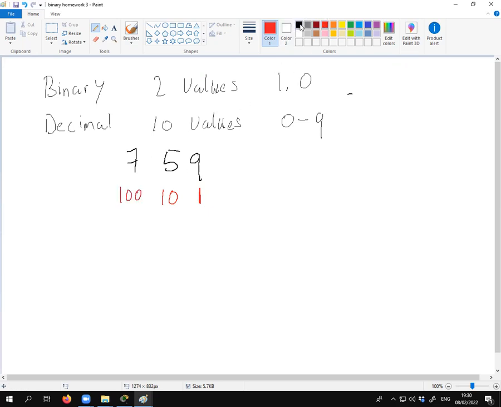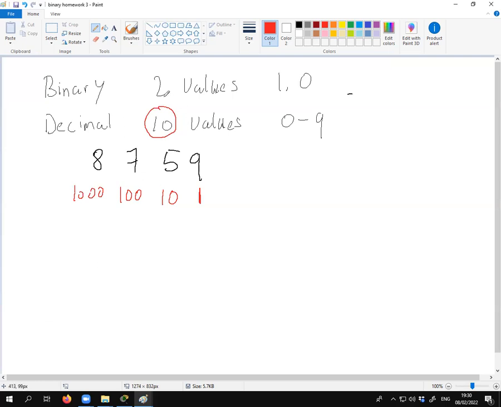I could keep going, 8,000, and you'd have 8 units of thousands. Why is it going 1, 10, 100, 1000? Because it has values of 10. Each time you move across, you multiply by 10.